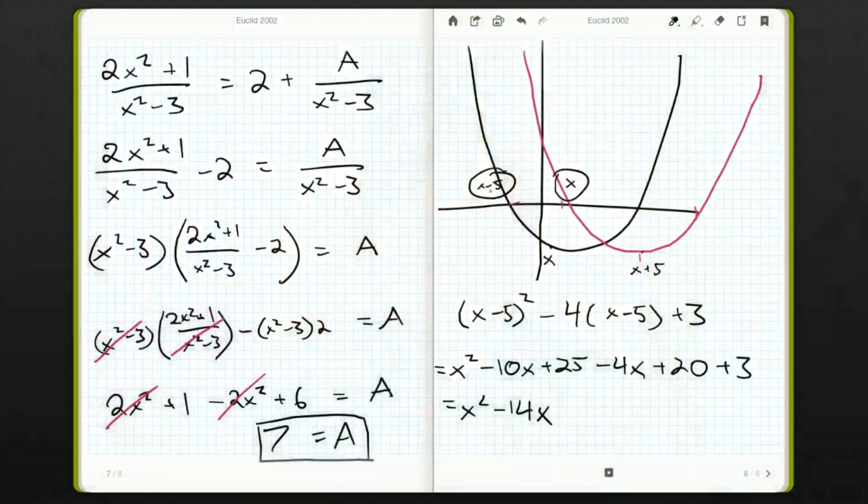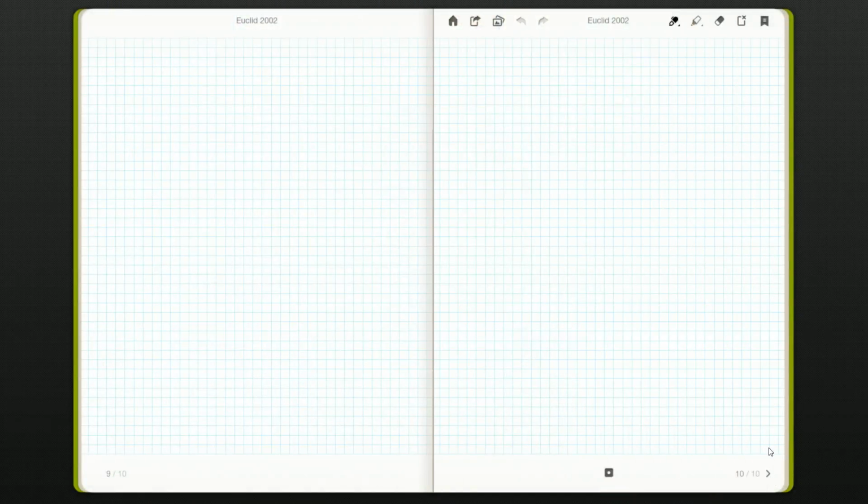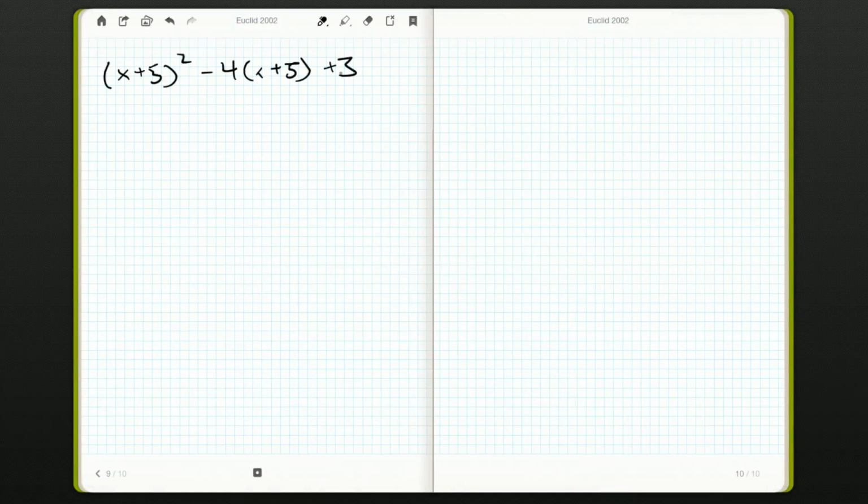We'll just flip the page for a moment. We'll come back to this. But suppose I couldn't remember, which way is it? Do I do x plus 5 or x minus 5? Which way am I translating? If I had subbed in x plus 5 into my equation and expanded it out, I would have had x squared plus 10x plus 25 minus 4x minus 20 plus 3.